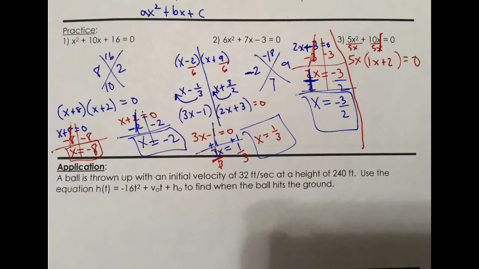And so we have 5x is equal to 0. And so we have 5 next to x, that's multiplication, so we can divide. That cancels there. We have x is equal to 0 divided by 5, that's going to be equal to 0. If you don't know that, put it in your calculator, and it'll tell you.